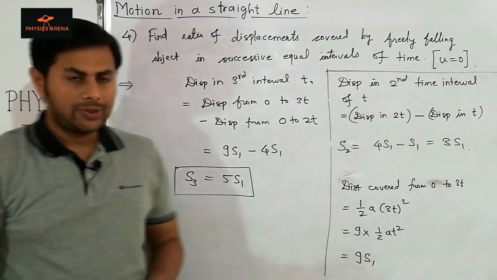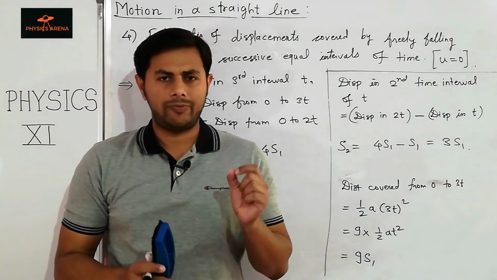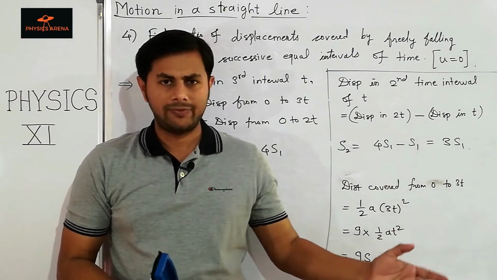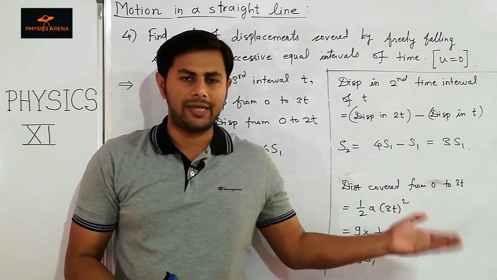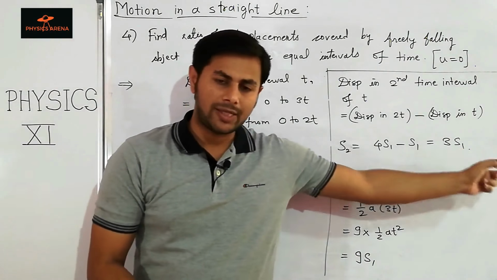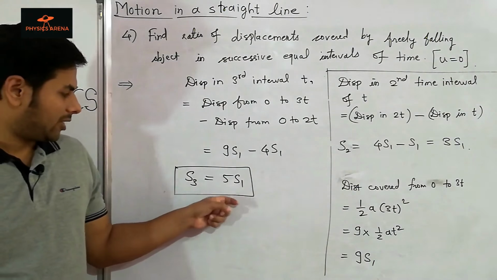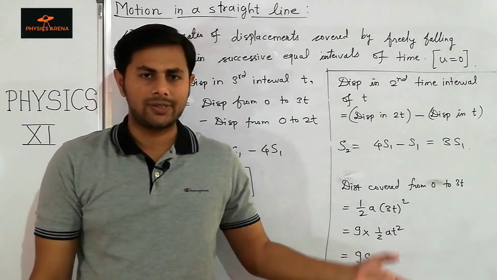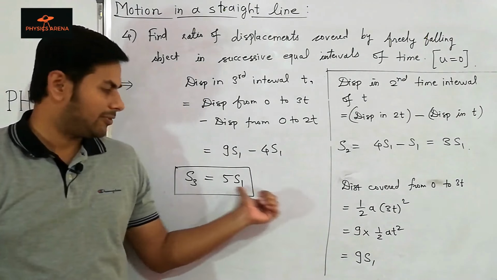So suppose the displacement in time interval t is s1. The displacement in the next time interval, s2, we know is 3 times s1, and we just found that the displacement in the next time interval is going to be 5 times s1.